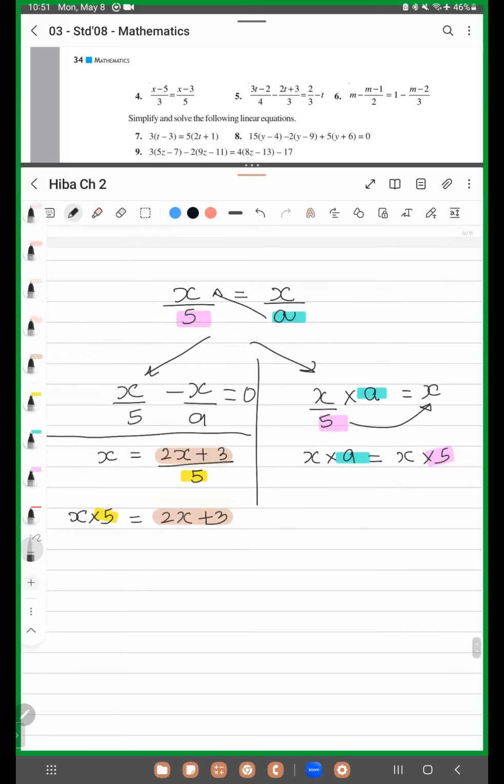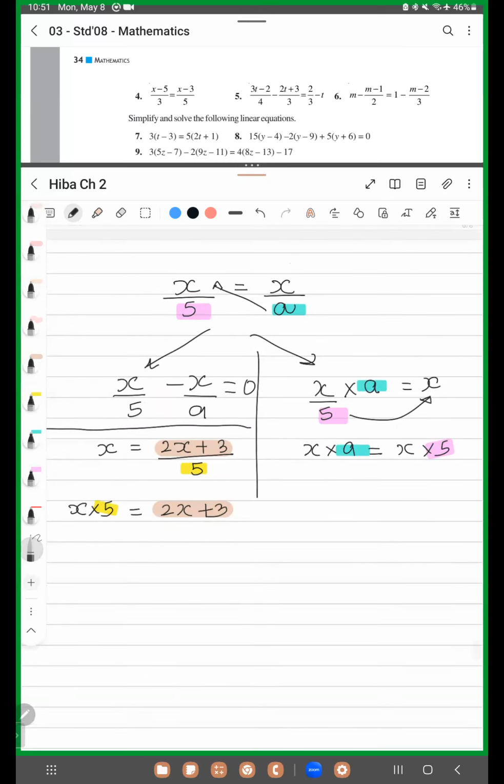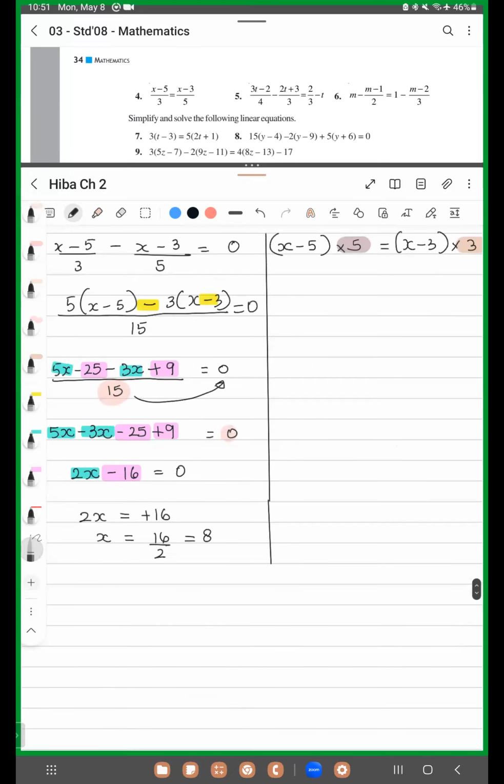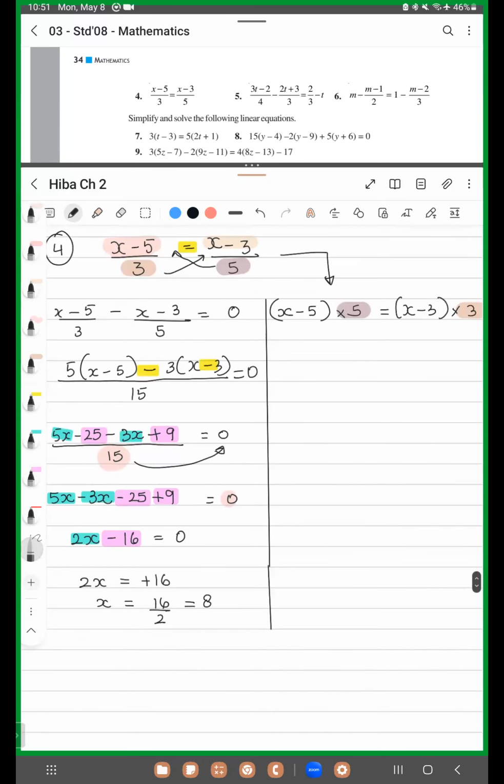And we sent the divided by 5 to the other side, it became multiplied by 5. Is it clear? That's the same thing that we have done over here, okay?